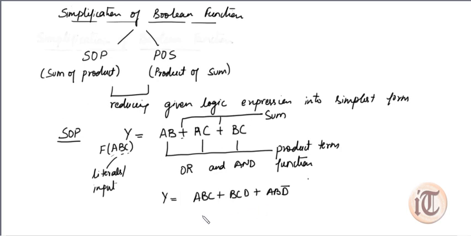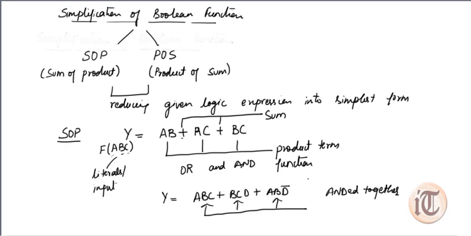One more important point is that each product term, whether it is ABC, BCD or AB D bar, contains one or more literals which are ANDed together. The literals A, B, C, D, there are four literals here, can be in complemented or uncomplemented form. So this is SOP, sum of product.